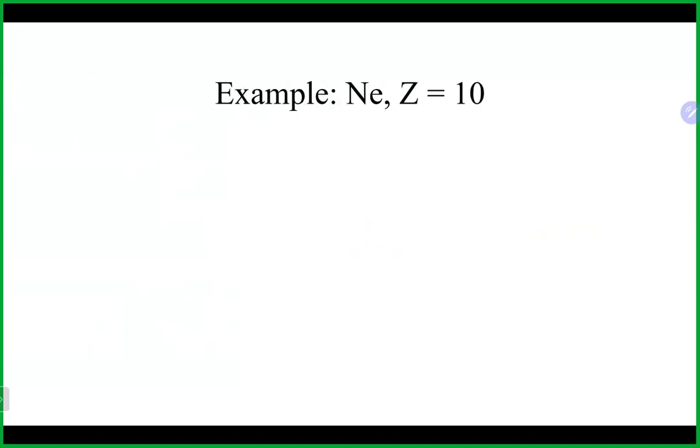So neon would get us filled, so 1s2, 2s2, 2p6. Once again, you can count the top numbers to know how many electrons you should have filled. So 2 and 2 is 4 and 6 is 10 total that we put in there. At this point, we now have 8 electrons in the second energy level, and we have 2 electrons in the first energy level.